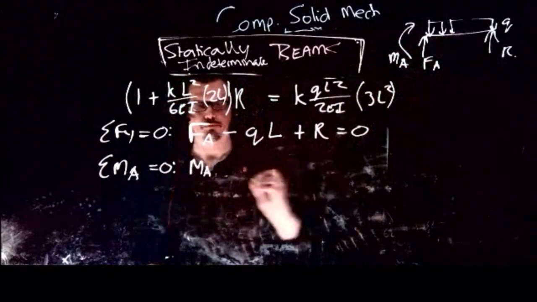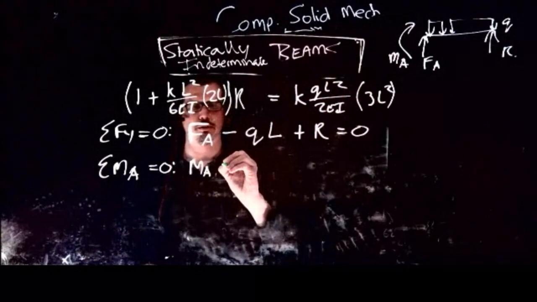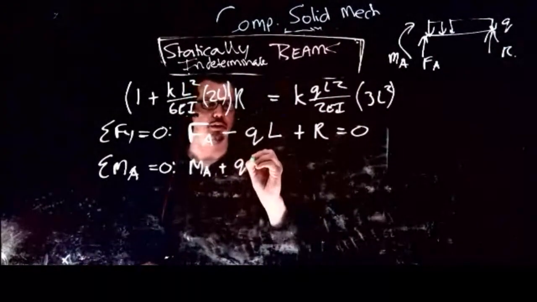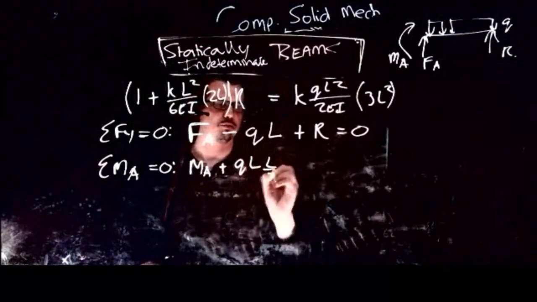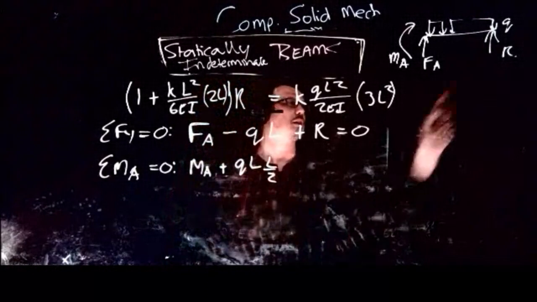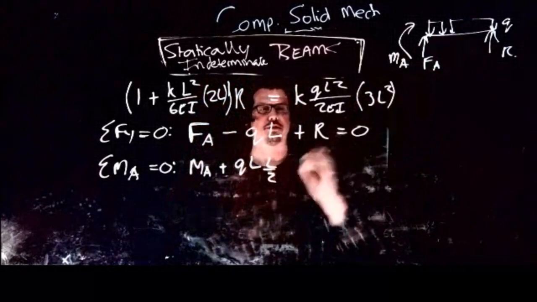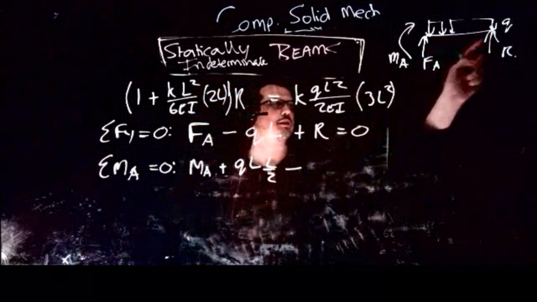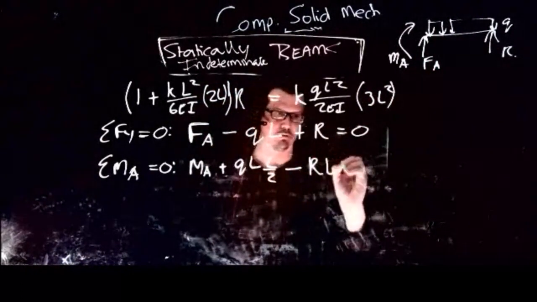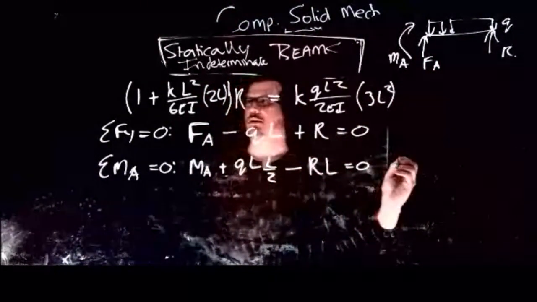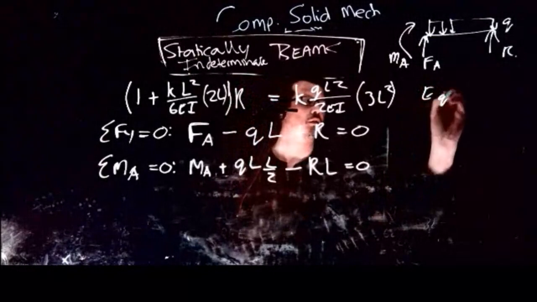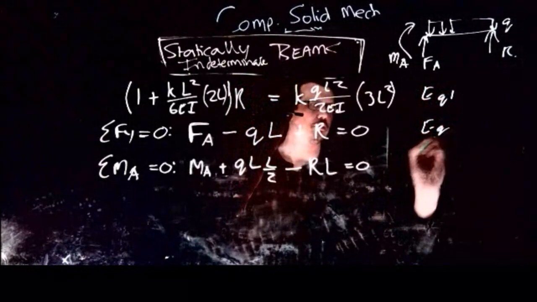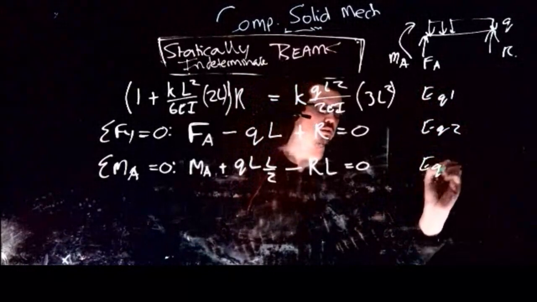So that's plus QL times L over 2 for the arm. And then R will be in the negative direction, so that's negative R times its moment arm, which is L. And here's my equation. So this is equation 1, equation 2, and equation 3 that I need to solve for.